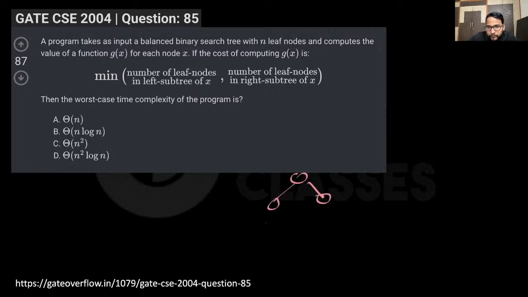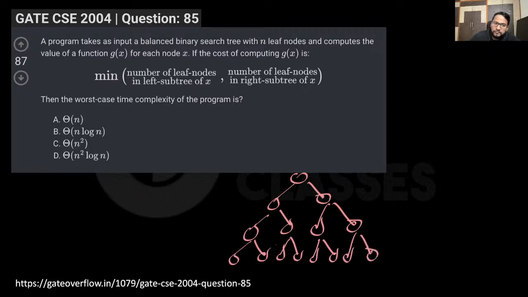AVL has its own balancing conditions, where the balance factor could be minus 1, 1 and 0. But generally, if they say a balanced search tree, they mean the balance factor is 0 everywhere. It does not matter for this question, but I am just telling you. So if there are n leaf nodes, then you can divide.